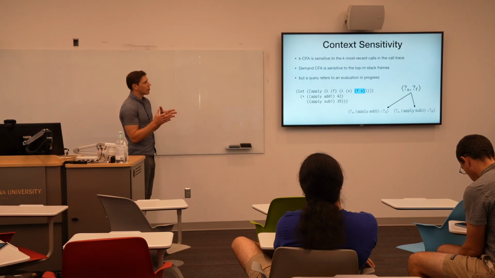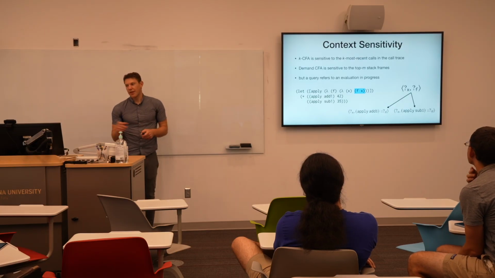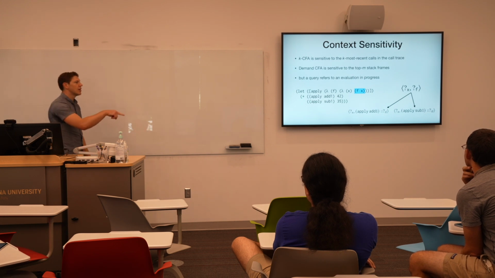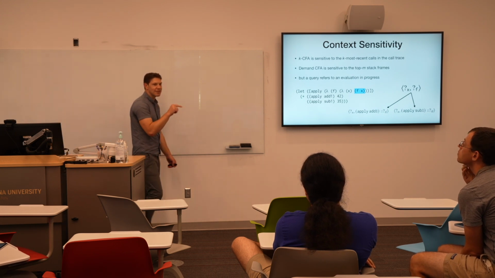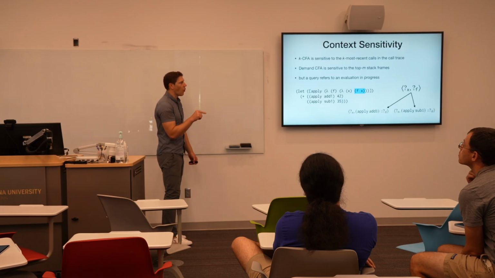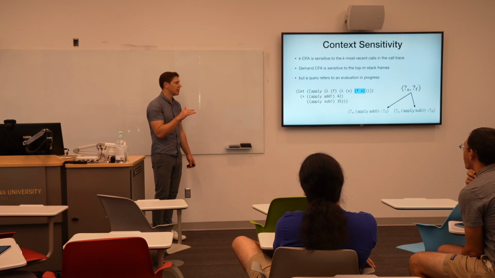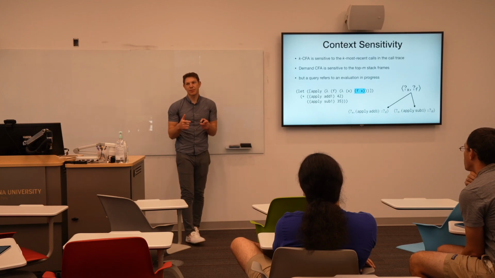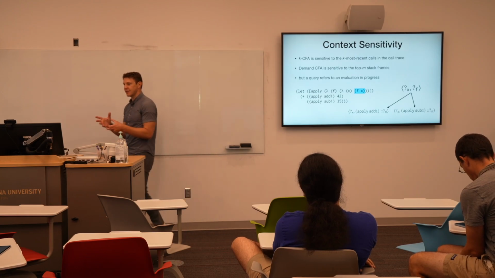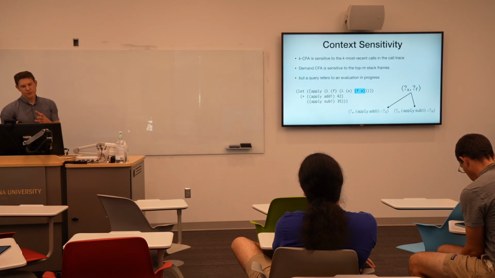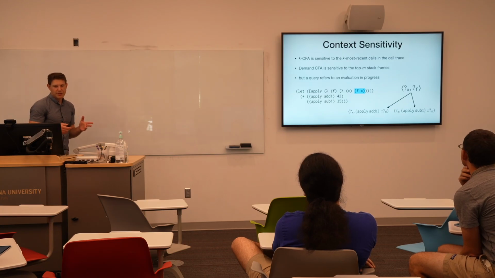There's one more complication for achieving context sensitivity, and that is the whole intention of demand control flow analysis: I should be able to point to a spot in the middle of the program and ask a question about it. But what is the context in that spot? So the analysis needs to not only answer the question, but determine the possible contexts in which those answers could be. We have a paper on how to do it.